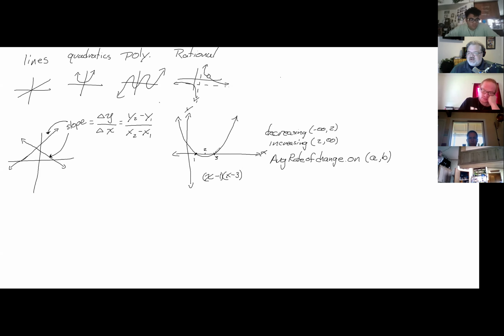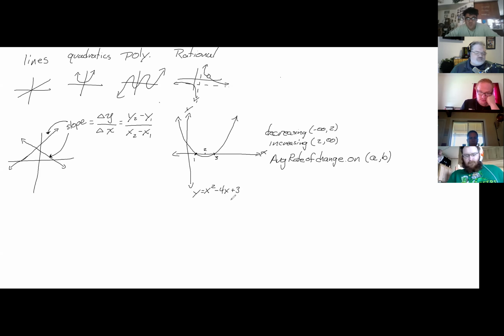X minus 3 is going to give me an intercept at 3. So if we multiply those together, x squared minus 4x plus 3 would be a parabola that has those two intersections. So then you erase that so nobody knows how you did it, and you look really smart.